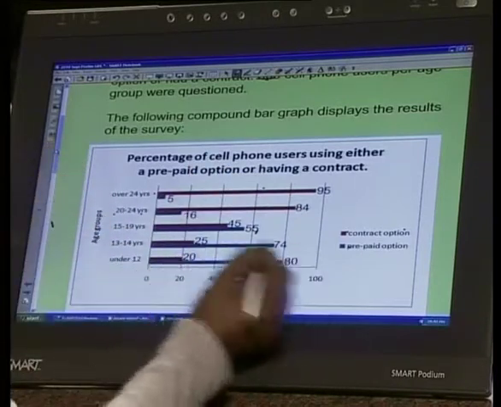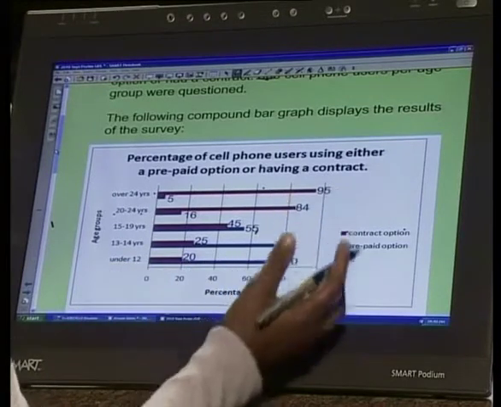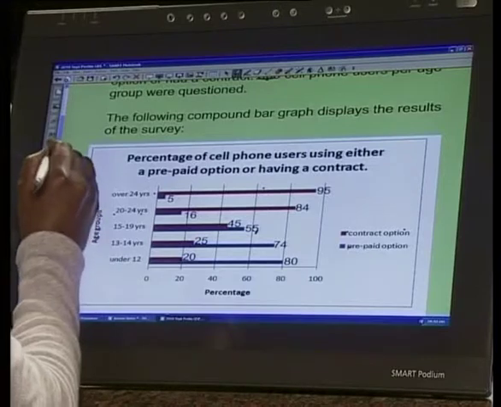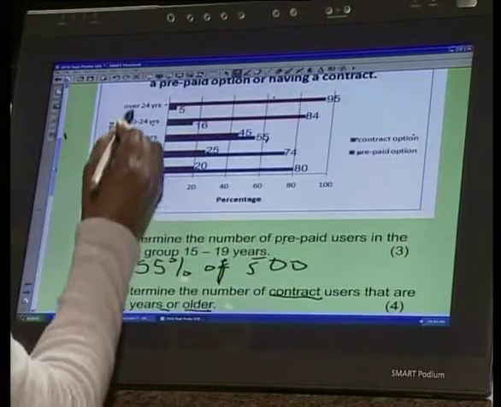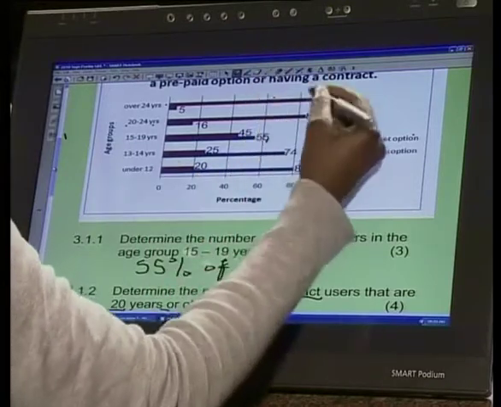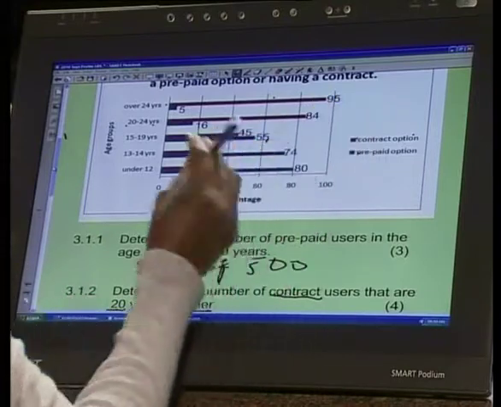The trend is simply that the younger generation, they use the prepaid, and come on, it's common sense. They don't have money to afford those contracts. I mean, it's we parents who can really afford that. So we are over 20, so you really go for a contract. So if you look at the trend, the prepaid bar is longer as it goes up. If you look at this one, as it comes down, it becomes smaller.